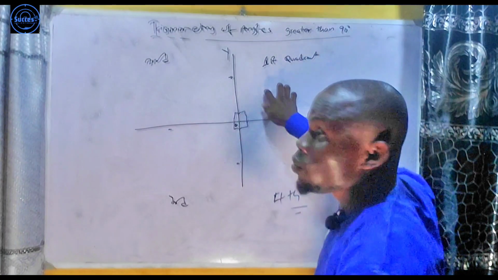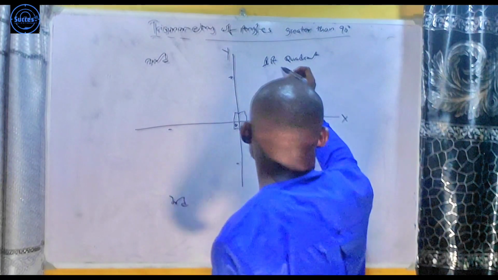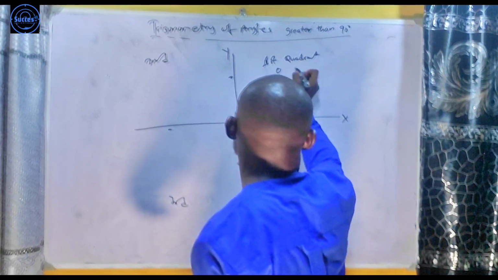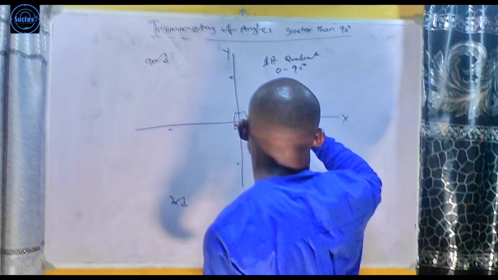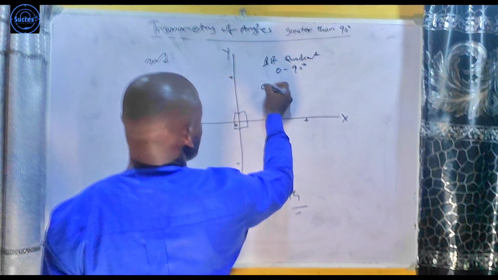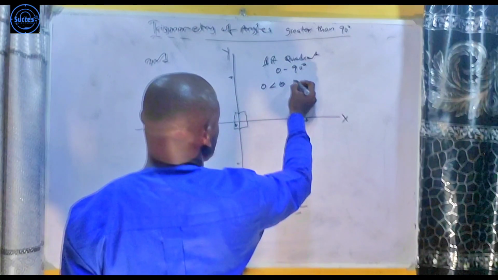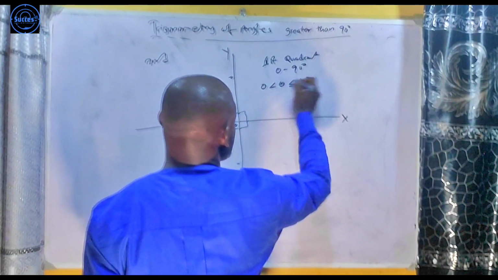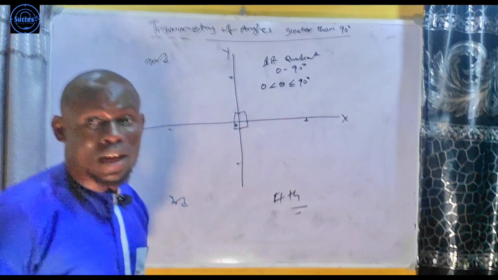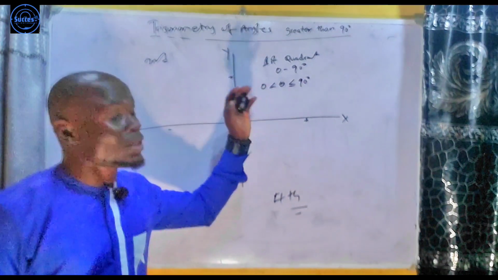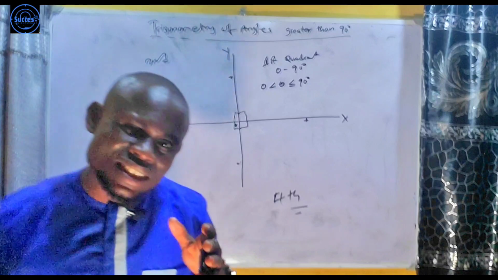So the angle here is between 0 and 90 degree. You can clearly say that 0 less than theta less than or equal to 90 degree. These are angles greater than 0 but less than 90 degree.